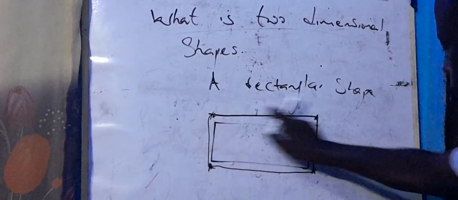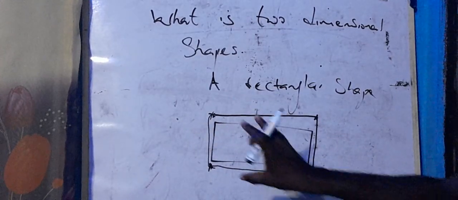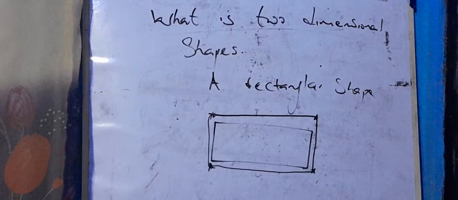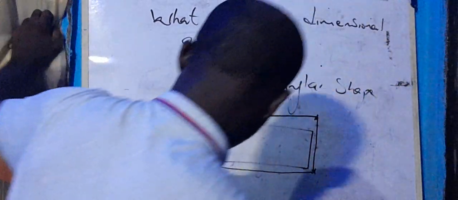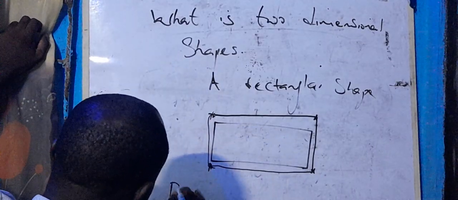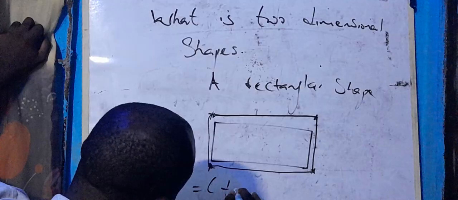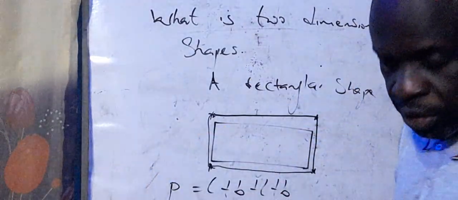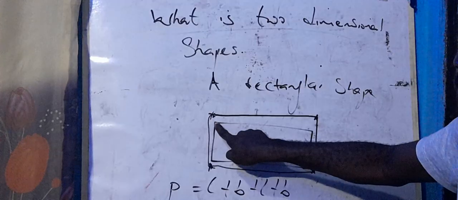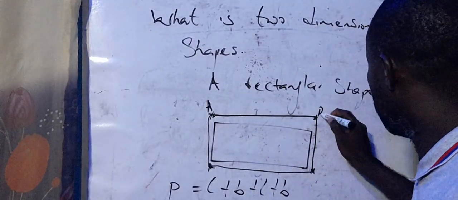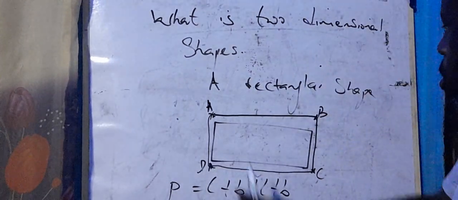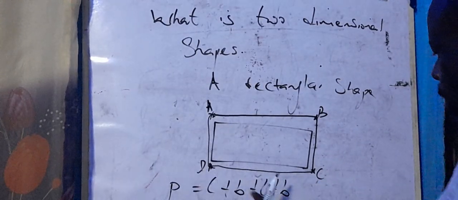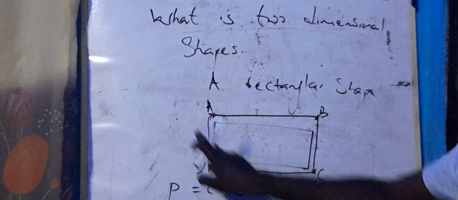What you've done is the perimeter of this rectangular shape. The formula is perimeter equals length plus breadth plus length plus breadth. In the diagram, you move from A to B to C to D. A to B is one length, B to C is a breadth, C to D is another length, and D to A, where you started, is another breadth.